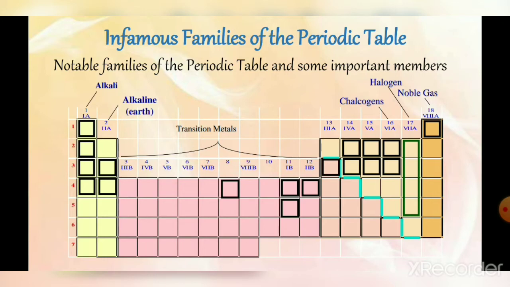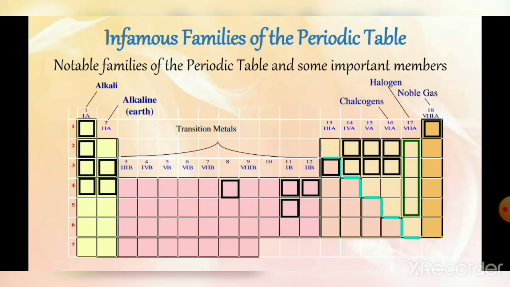Notable families of the periodic table and some important members will be alkaline earth metals, chalcogens, halogens, noble gases, and the most important part of the periodic table, the transition metals.